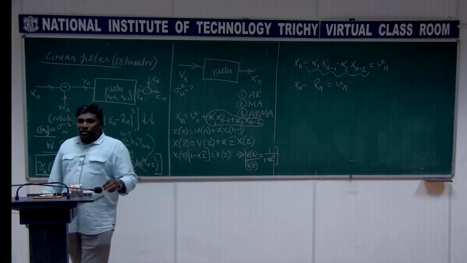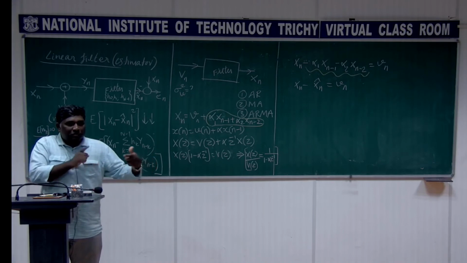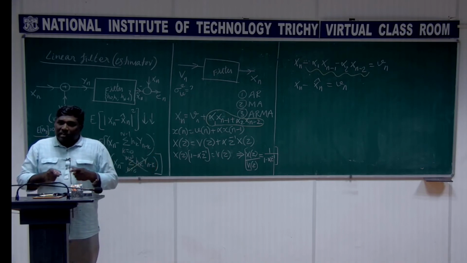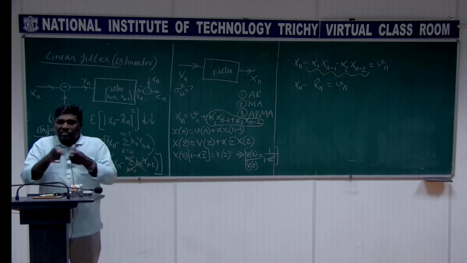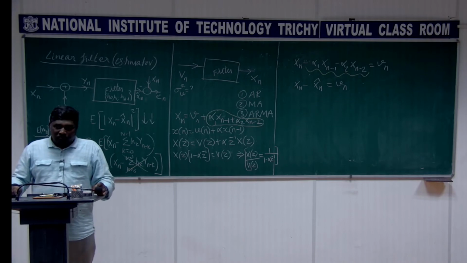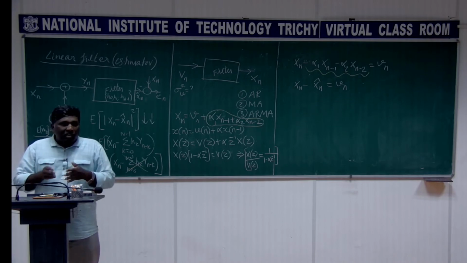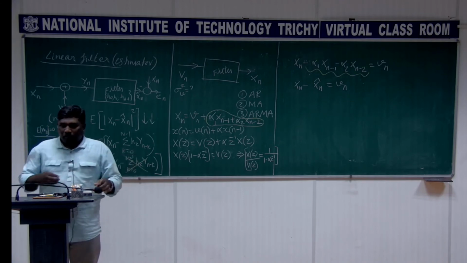Xn cap is basically predicting Xn with the past samples. Means I have Xn minus 1 and Xn minus 2 which generate Xn. That is the model we are creating: Xn minus 1 and Xn minus 2 predict Xn.